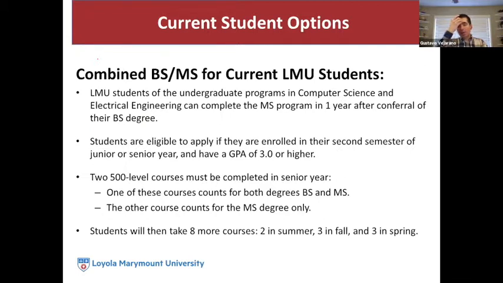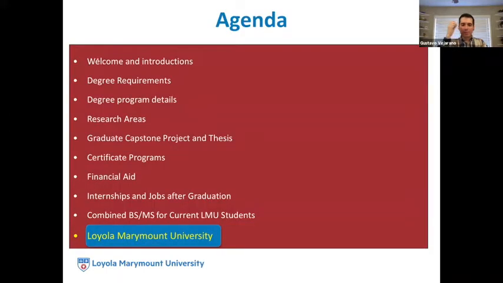If you decide to join our program, you will meet students from the undergrad program who are doing the combined option, and you will also meet students that are working engineers. They usually come from Raytheon or from Boeing because our program is in the evenings. So that's the type of students that you will find in our program.